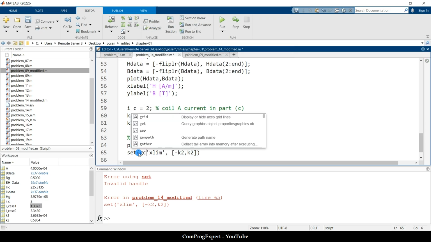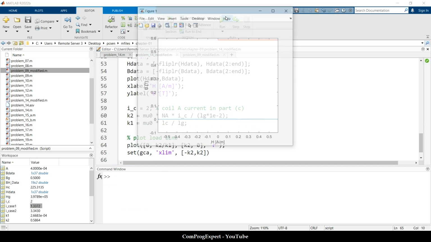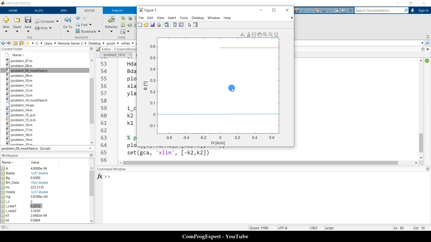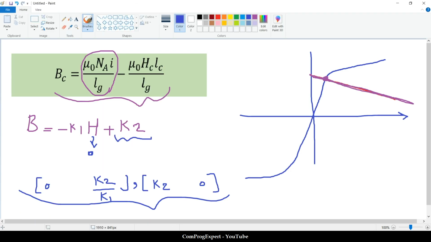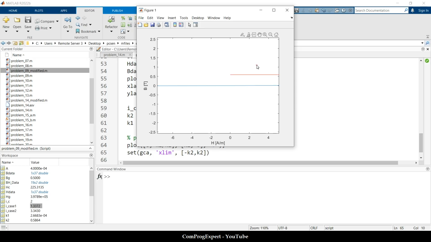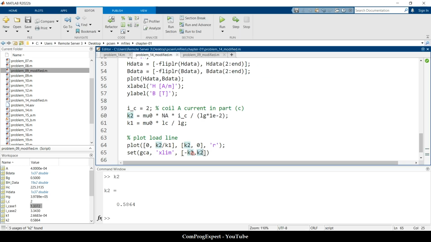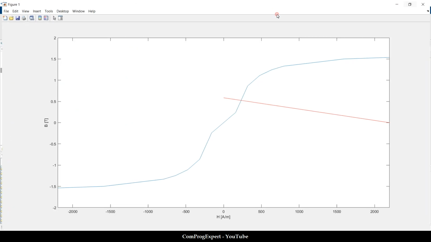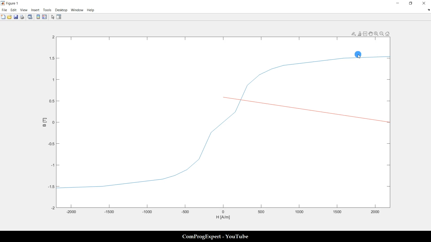Get the current axis and set the x limitation. Let me check. No, excuse me, K2 divided by K1, this range. So here you can see the BH curve, the data that we have for the BH curve, and this is the load line.